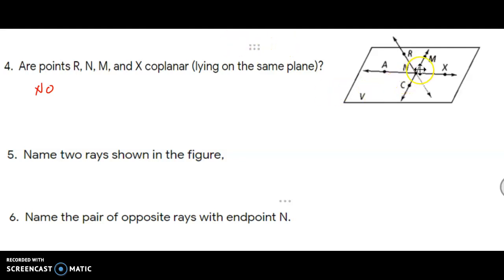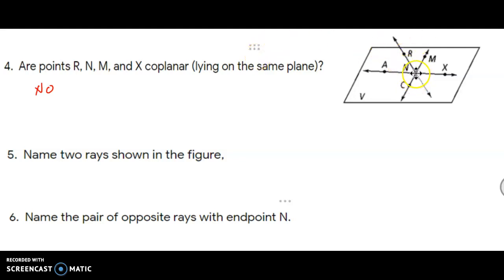Okay. Because you kind of have to think about N, M, and X. Think of this figure as like a sheet of paper, and N, M, and X are lying flat on that sheet of paper, and point R is kind of a point hovering above that sheet of paper, if that makes sense. Okay.